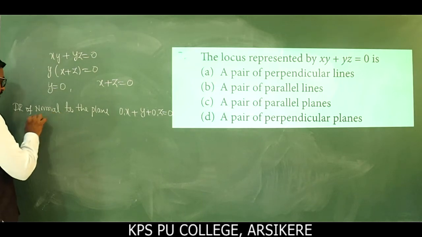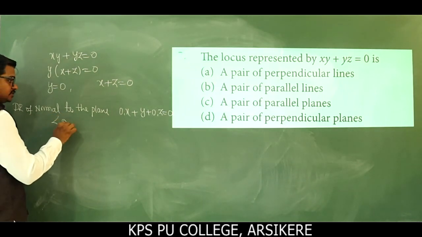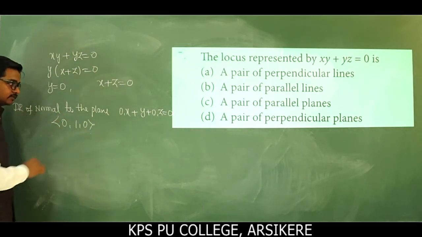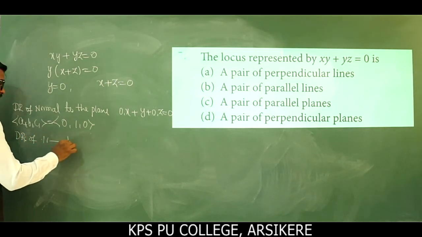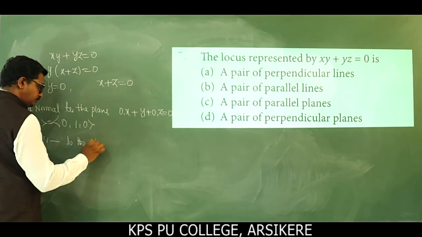So the direction ratios of the normal are here 0, 1, 0. Take this as A1, B1, C1. Similarly, direction ratios of normal to the second plane.